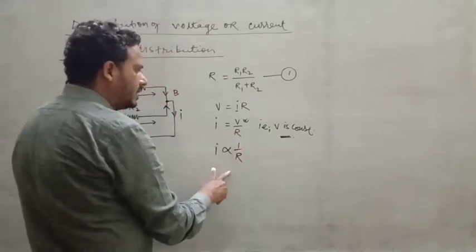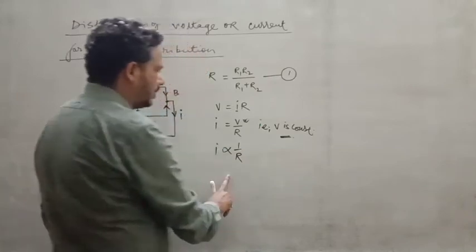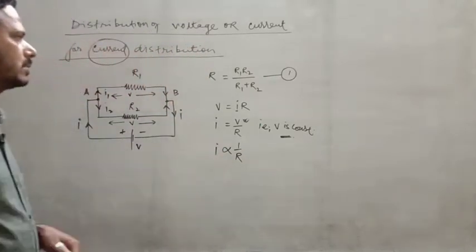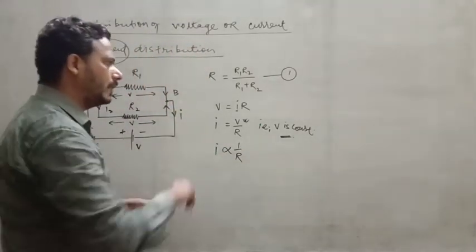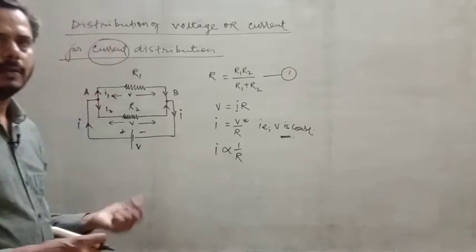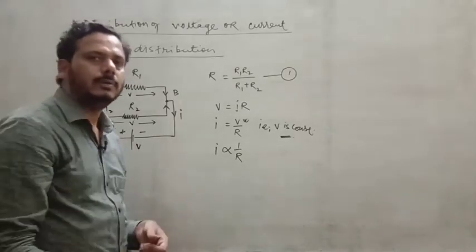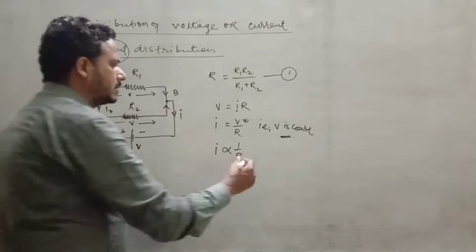With this relation, that I is inversely proportional to R, how can you find I1 and I2?